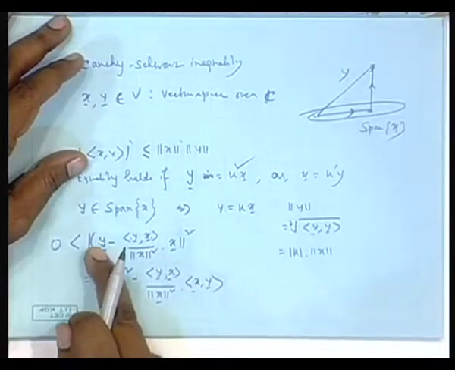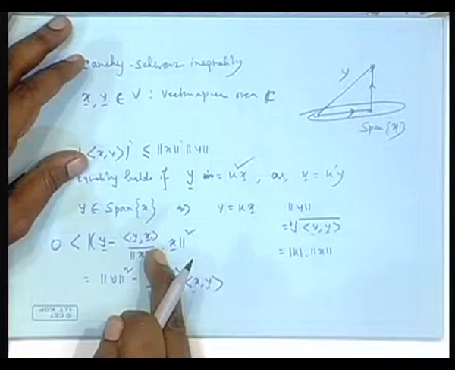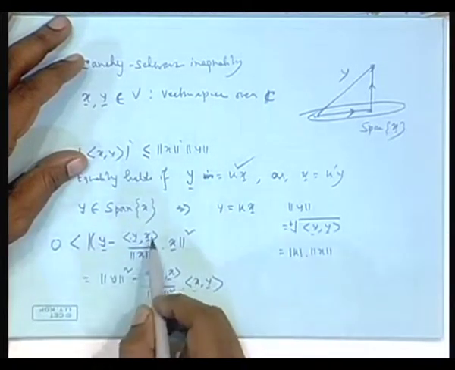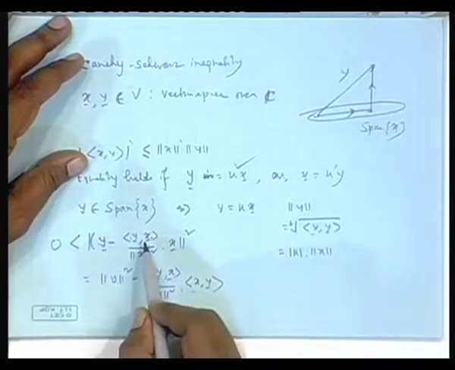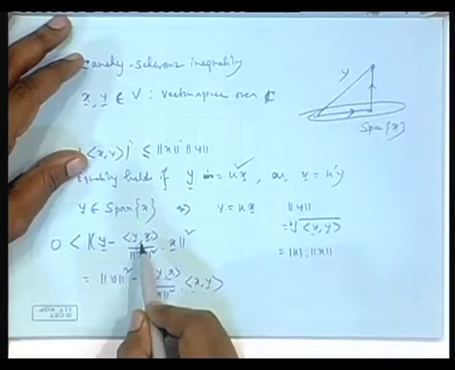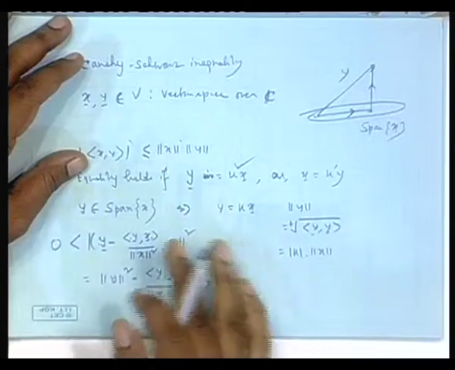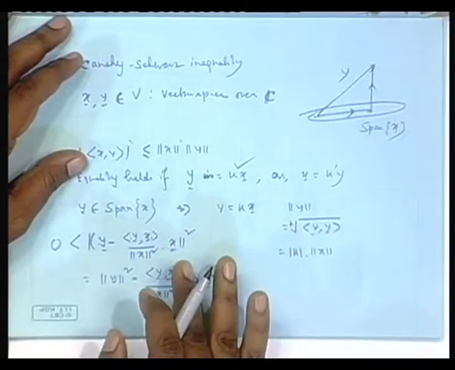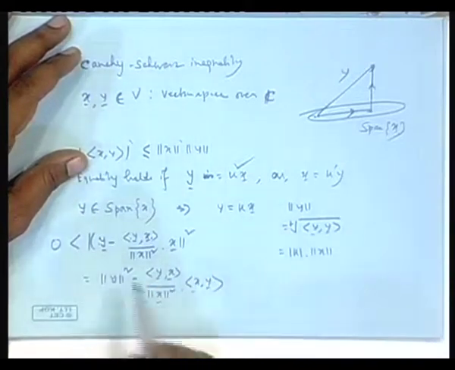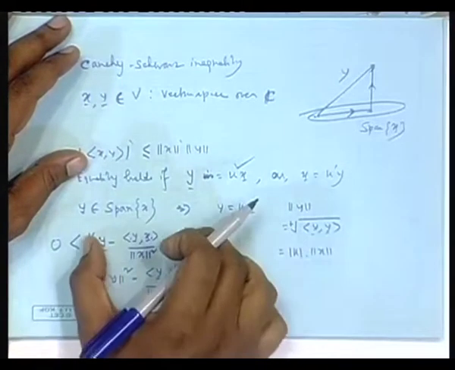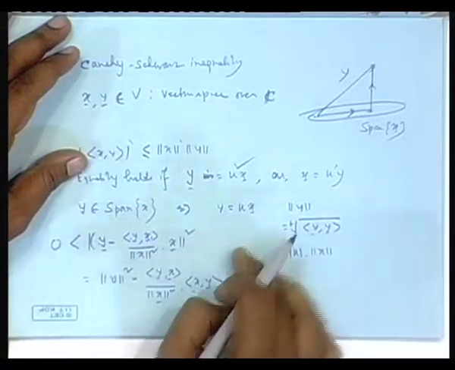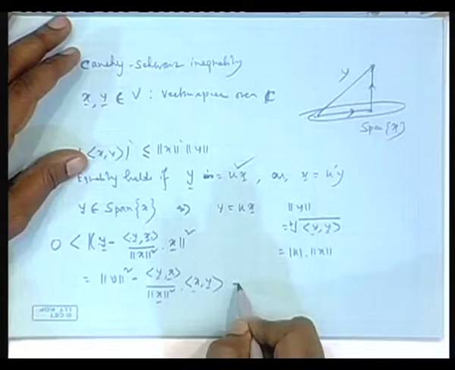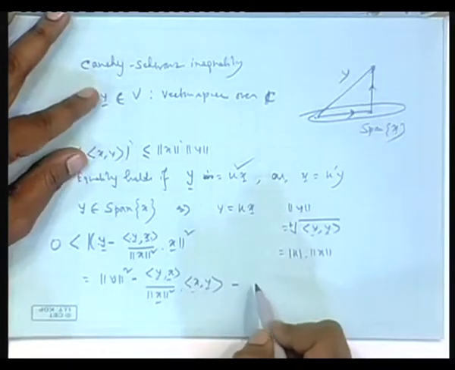Then again this with its right, y with x, and this time this will come up with a conjugate, because it is in the second coordinate. I am not showing that extra line, following y with this from the first term y, from the second term this is the second coordinate. So the conjugate will come up. This is the problem.